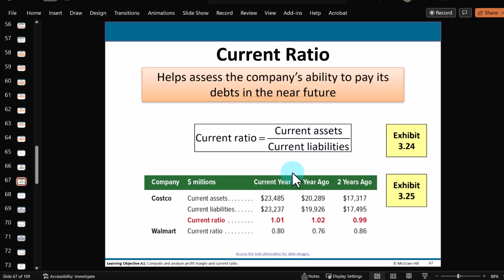So for most big companies like this, where cash is continually coming in every day, probably a ratio close to 1 is okay. $1 of current assets to $1 of current liabilities.